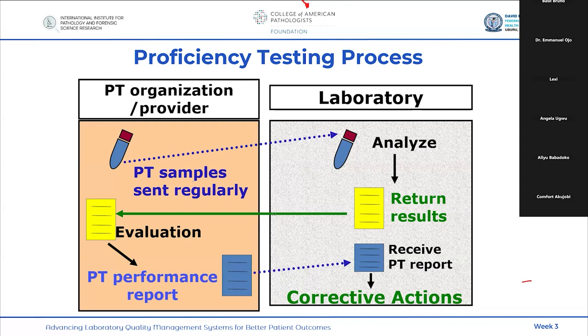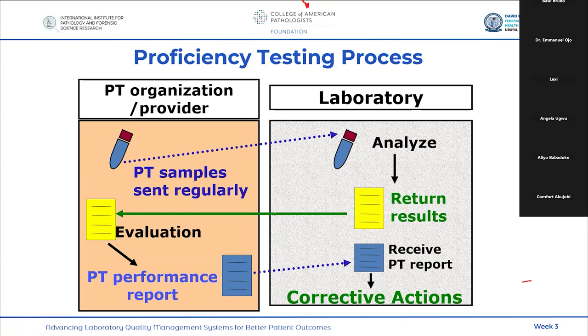The lab receives the PT sample or panel, analyzes it, and generates results. From that, the result is sent back to the PT provider. The PT provider evaluates that result, comparing the values obtained by the lab to their own reference value.